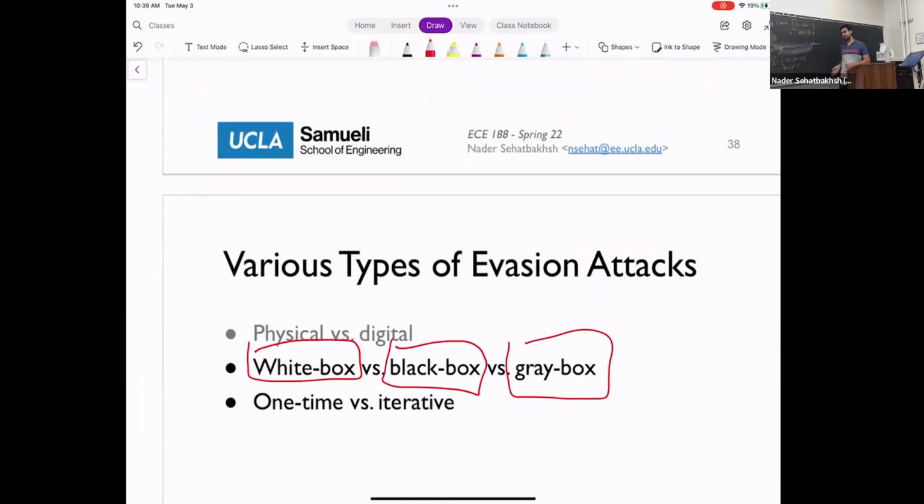Black box is exactly the opposite. The attacker knows nothing about the system. The only things the attacker can see are the inputs and, obviously, the outputs. Anything inside is a black box. Gray box is somewhere in between, where you know some information about the system, but you don't know fully what's going on.